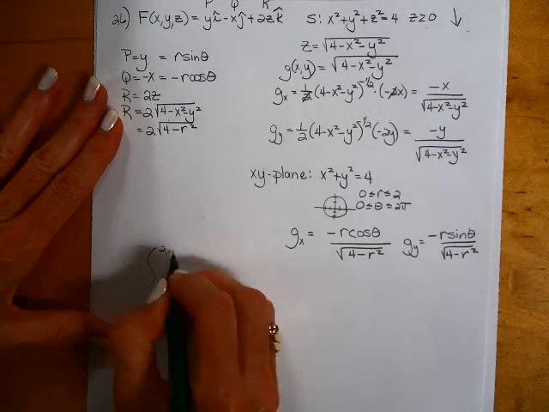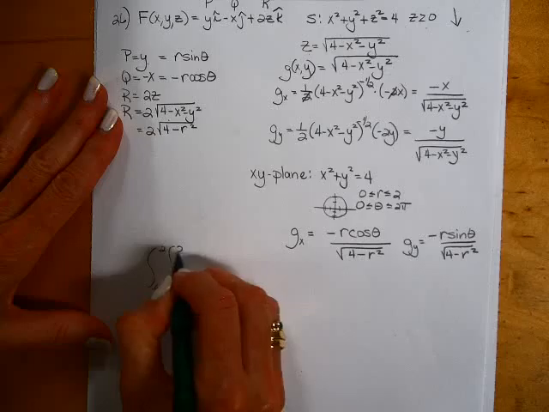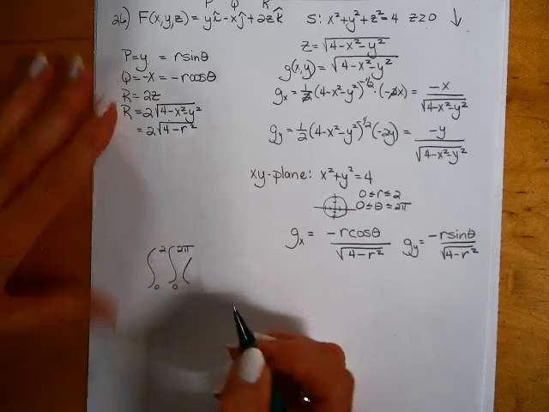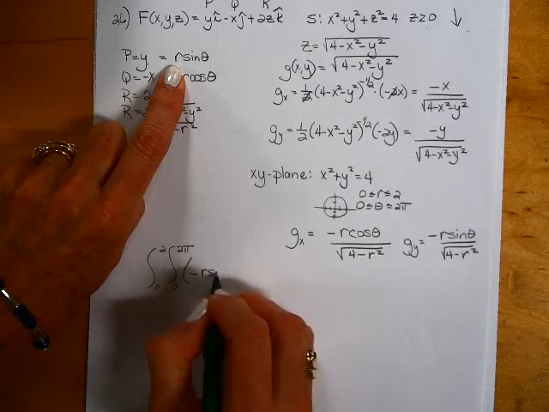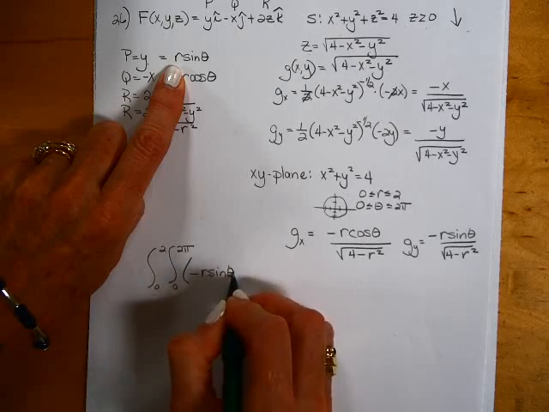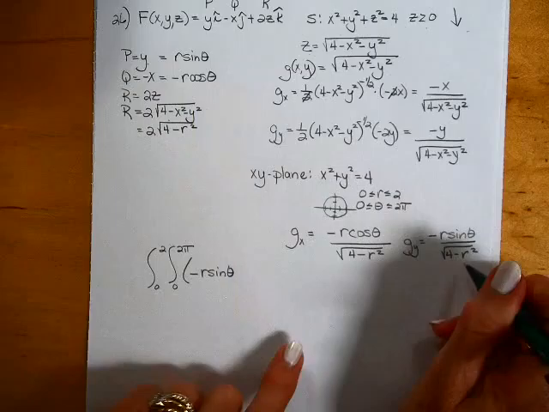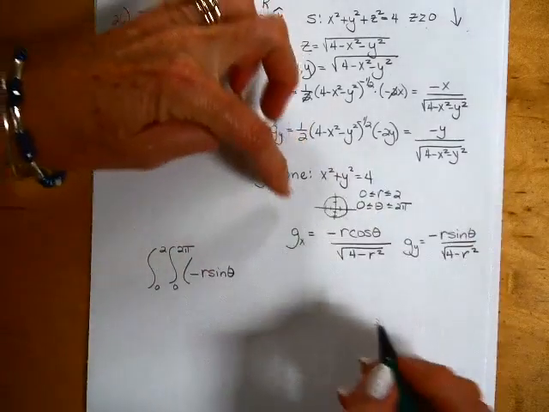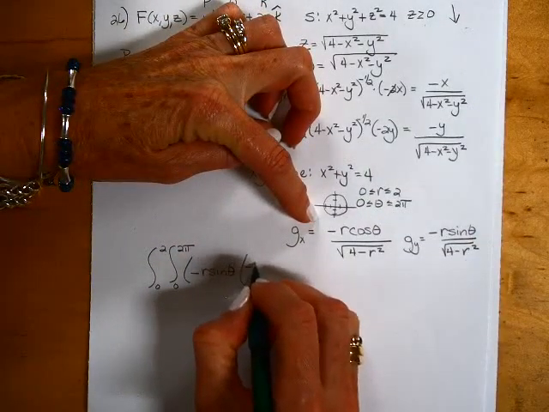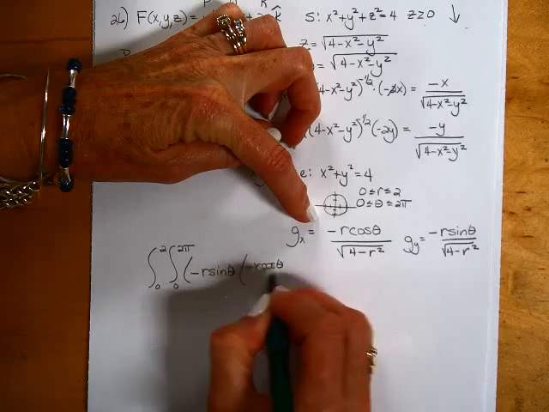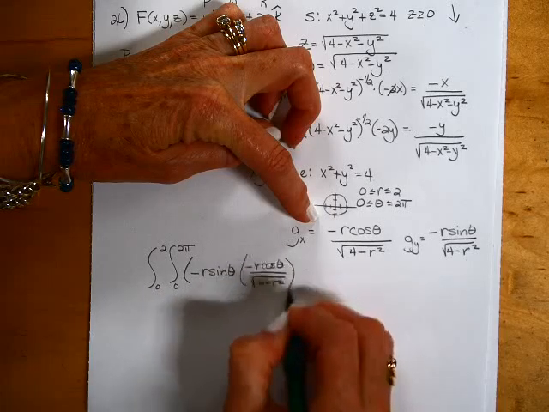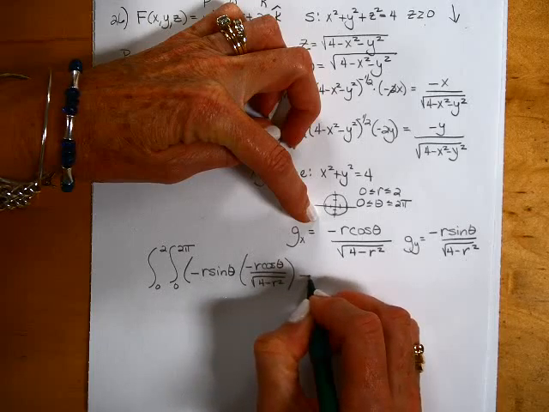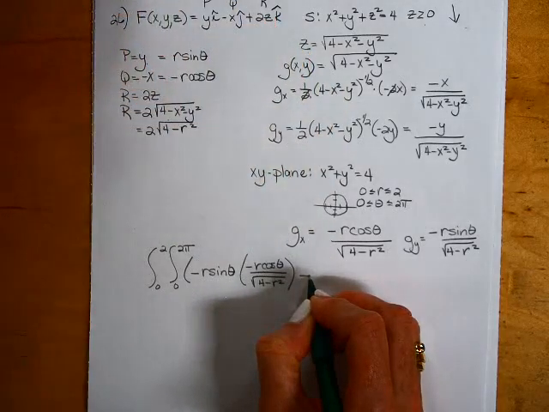All right, so limits of integration 0 to 2, 0 to 2 pi. I have negative P, so that's negative r sine theta, multiplied times the partial of g with respect to x, which is negative r cosine theta over the square root of 4 minus r squared. Minus, let's see, minus Q, where's Q?